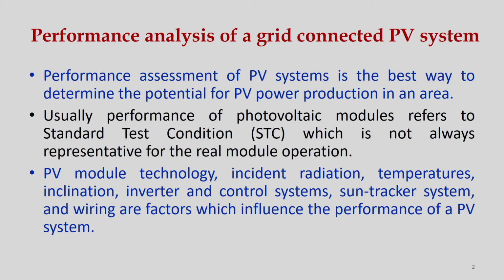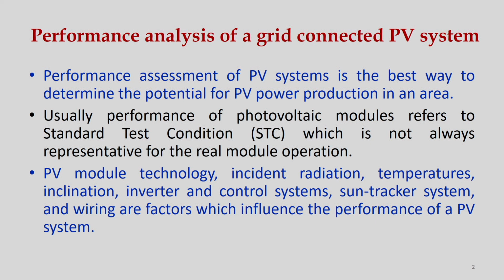The PV module technology, weather conditions like incident radiation, temperature, inclination, inverter and control systems, sun tracker system and wiring are factors which influence the performance of a PV system.